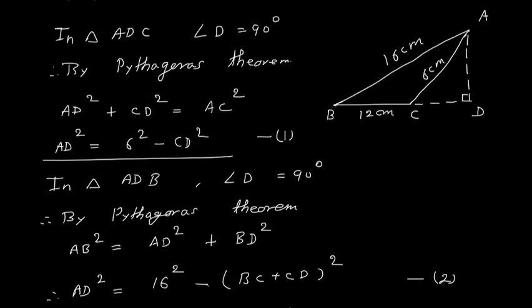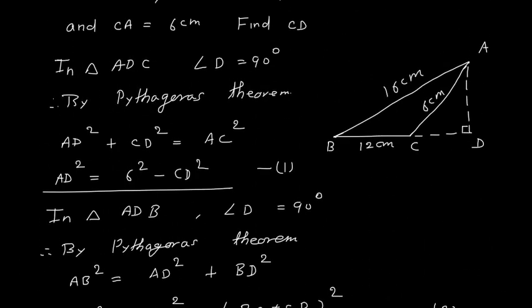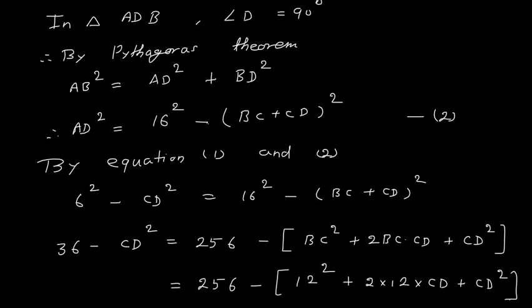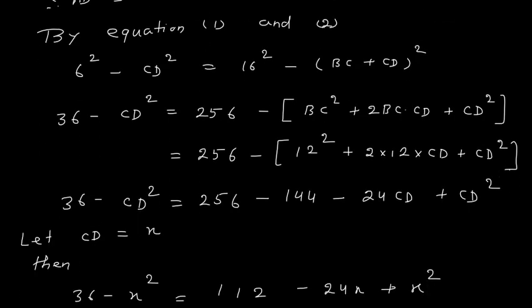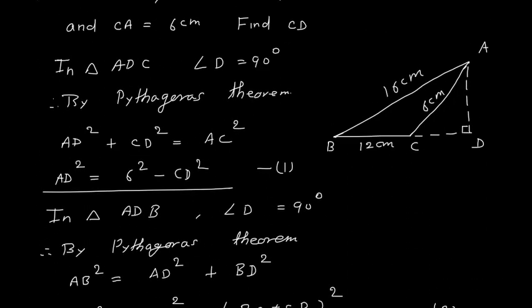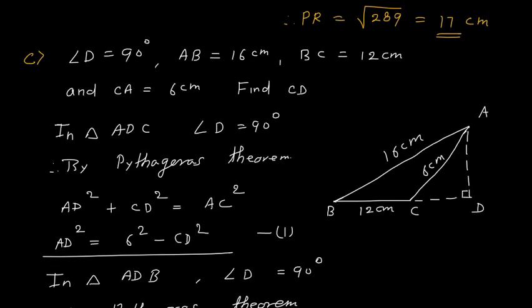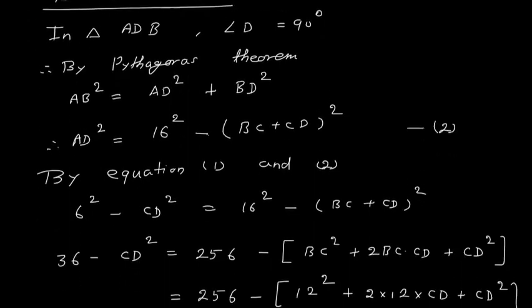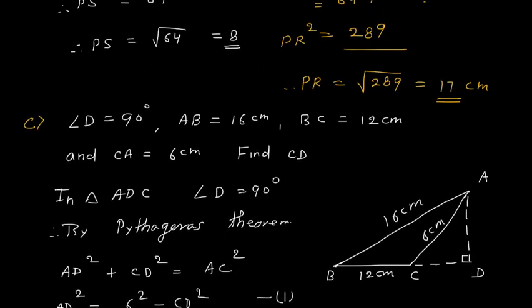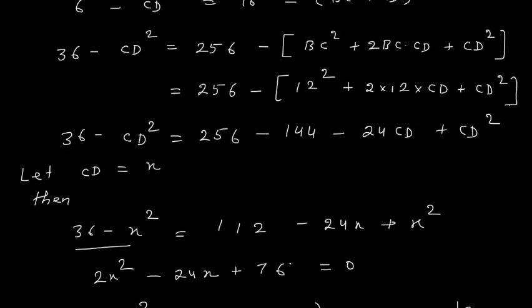Let us once again cross check whether what we have done is right or not. AD square is equal to, first we got 6 square minus CD square. And for this big triangle it is 16 square, that is 256, minus, here we have a plus b the whole square, that is 12 square plus.